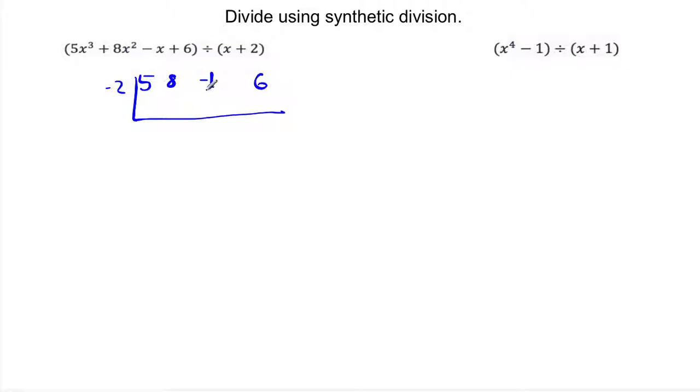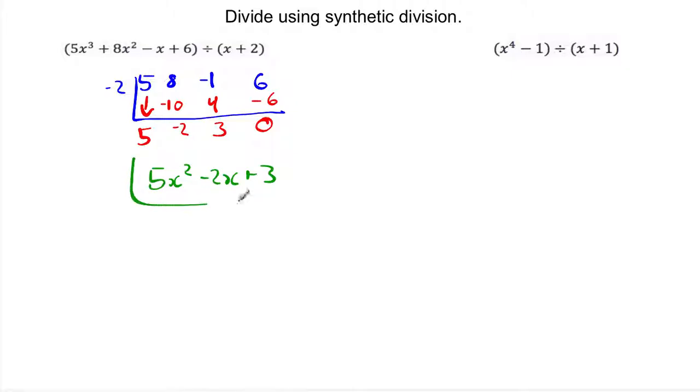And I'm going to start by bringing down the 5, and then diagonally multiply and add. So negative 2 times 5 is negative 10, plus the 8 is negative 2. Times negative 2 is positive 4, plus the negative 1 is positive 3. Times the negative 2 is negative 6, and for this example, I have another remainder of 0. So my answer is going to be 5x squared minus 2x plus 3.